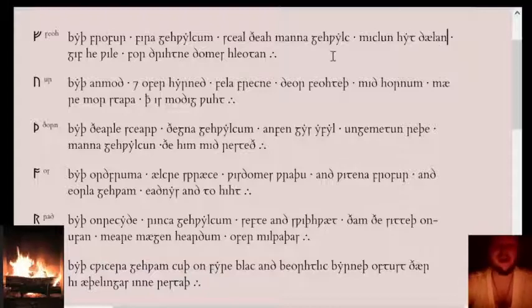I forgot to mention, the dialect that this is written in is late West Saxon, probably 10th or 11th century. Probably copied from an older Kentish or English dialect manuscript. A lot of the language, although the word forms look like late West Saxon, that's probably when this was written in the original manuscript that existed before it was burnt.